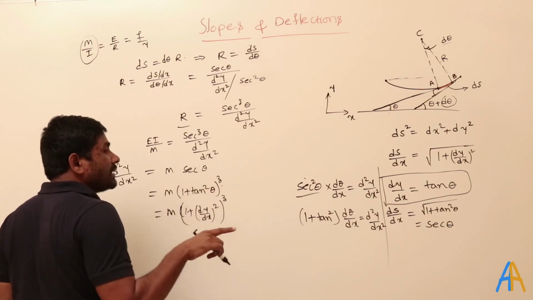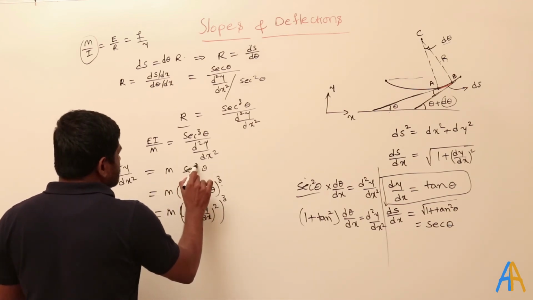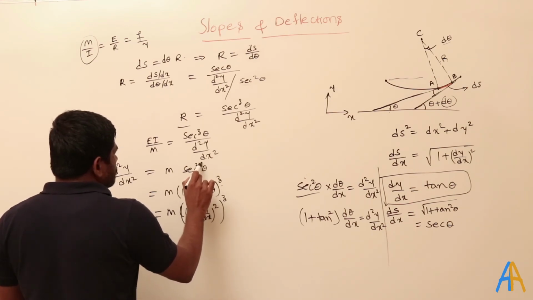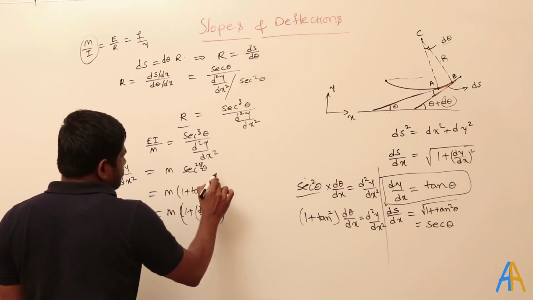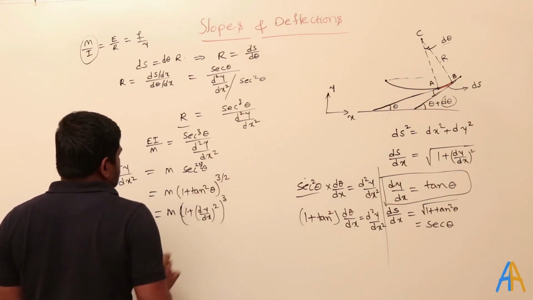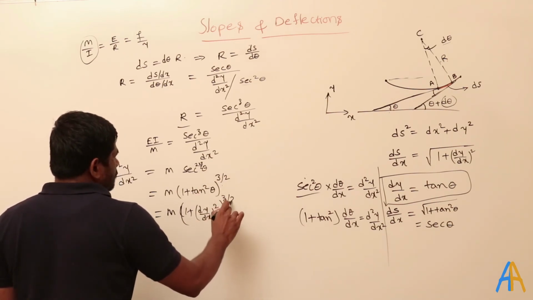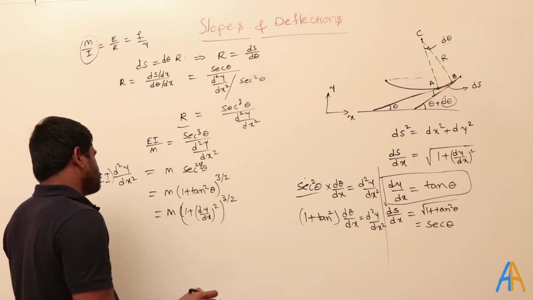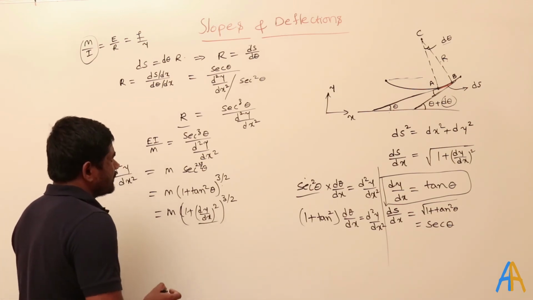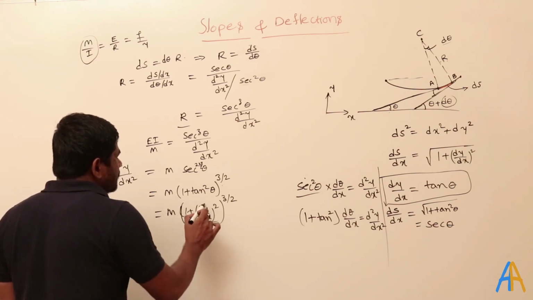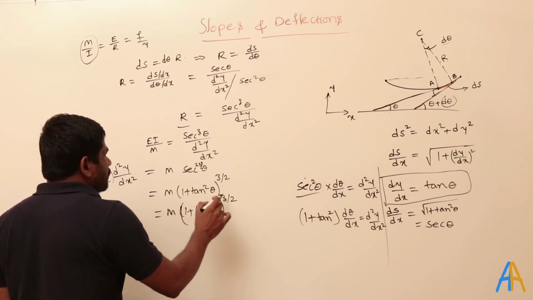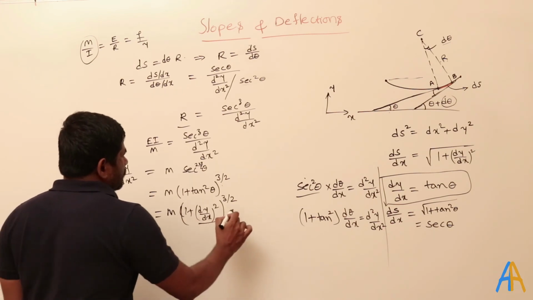Secant square equals 1 plus tan square, so I will write it as the power 3 by 2. Then dy by dx is already very small, and dy by dx whole square is smaller, so we will neglect this. Then it will become 0, and 1 power 3 by 2 will become 1.